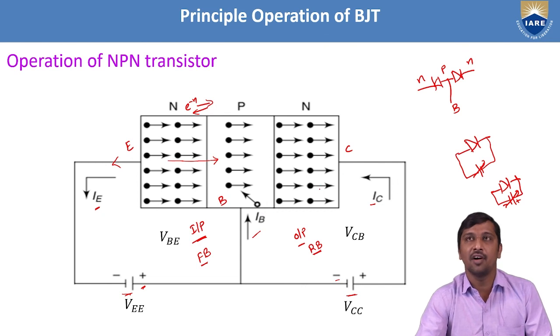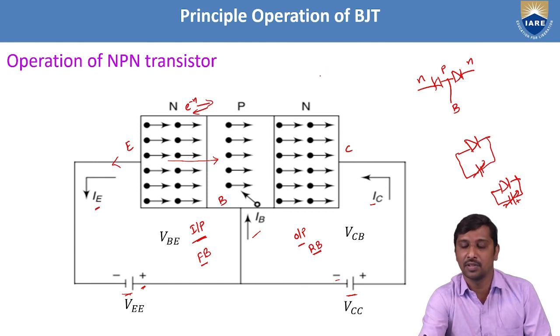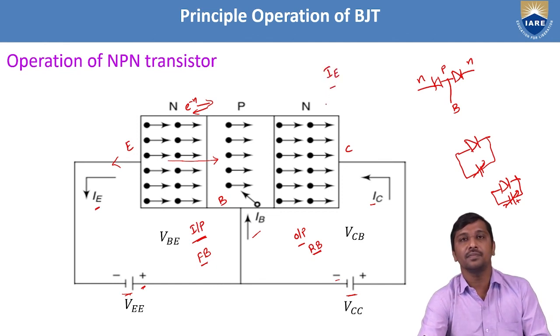From this operation, the most important point is that the emitter is the source of the charge carriers. Hence, the maximum current depends upon how many charge carriers are emitted from the emitter. These emitter charge carriers go to the base as well as the collector, hence the total emitter current depends upon the base current and the collector current.